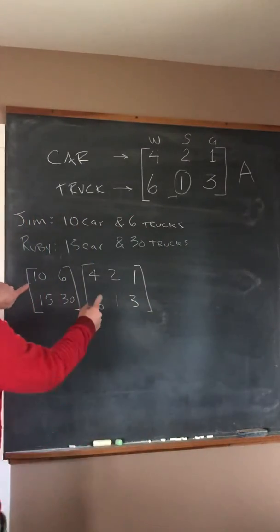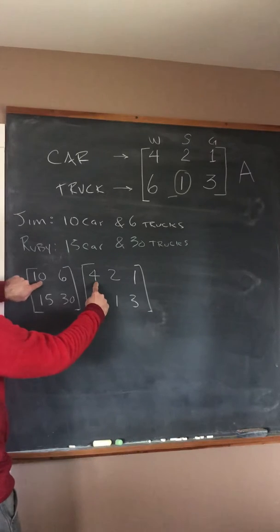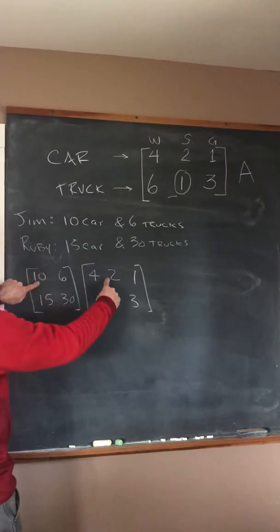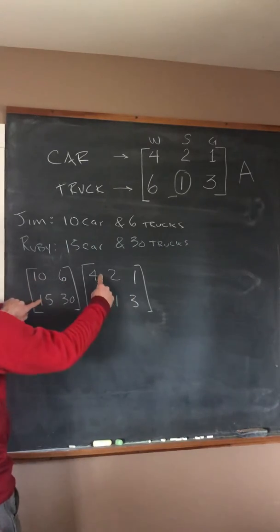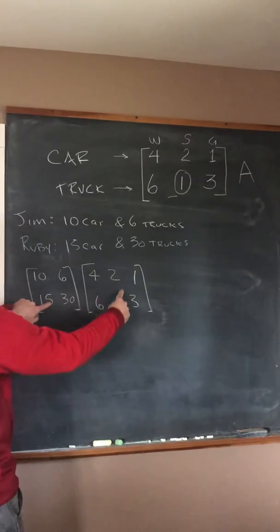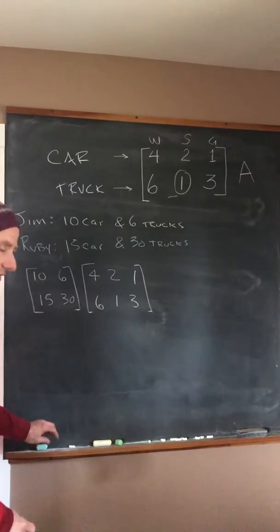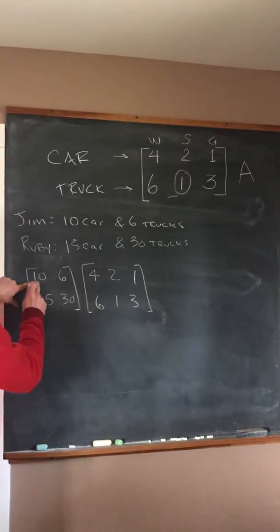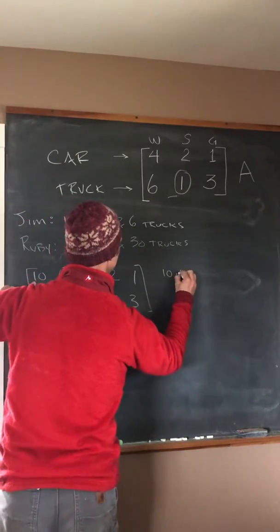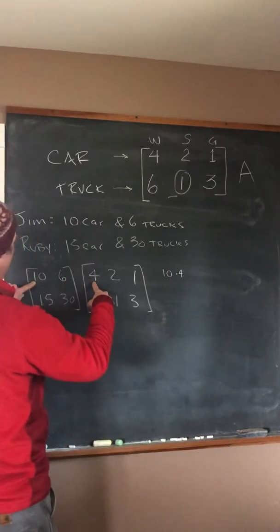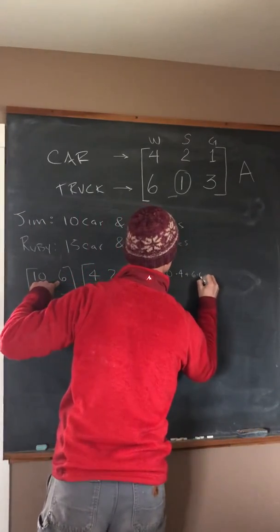Okay? So now I have 2 matrices and I'm going to multiply them together. Heads up, watch my hands. I'm going to go over, down, over, down, over, down. Okay, let's give this a shot. We're going to start up here. 10 times 4 plus 6 times 6.